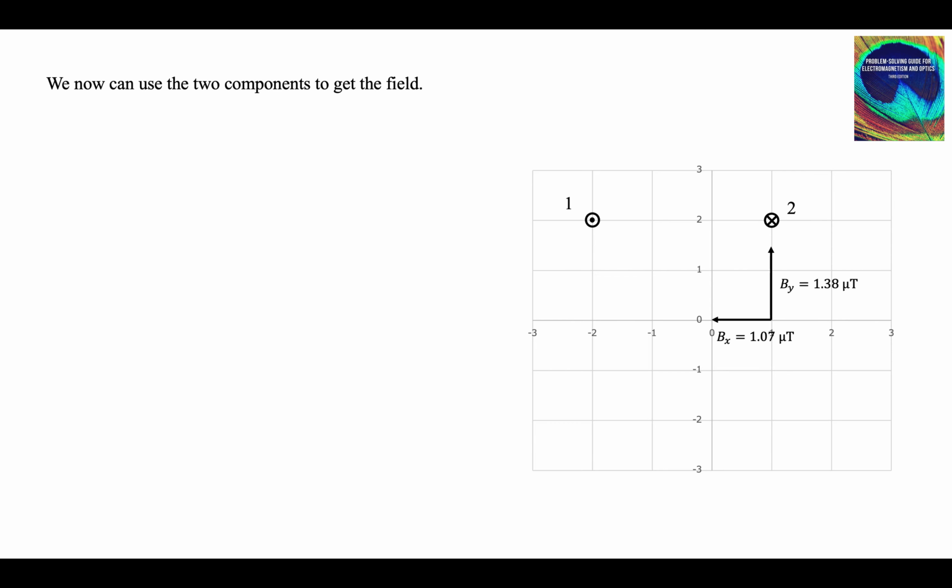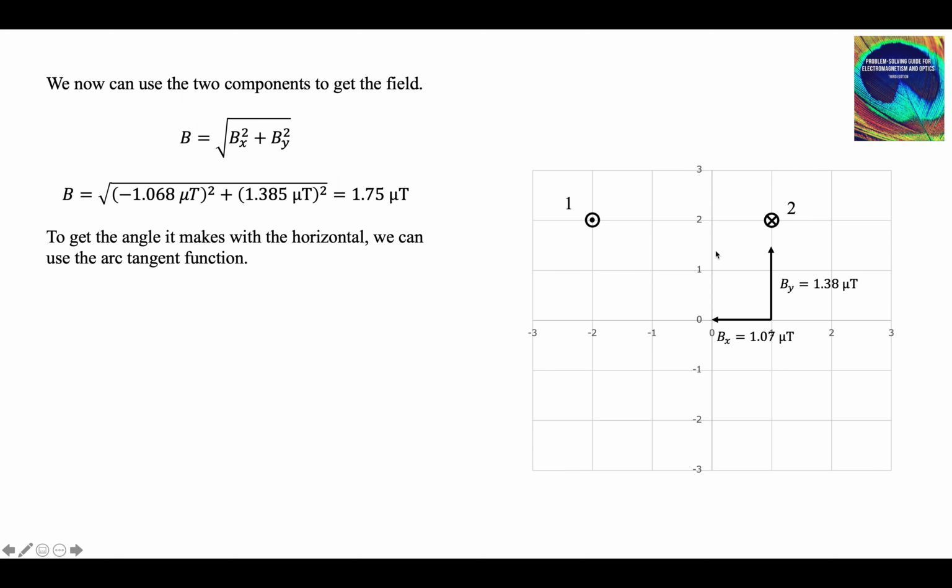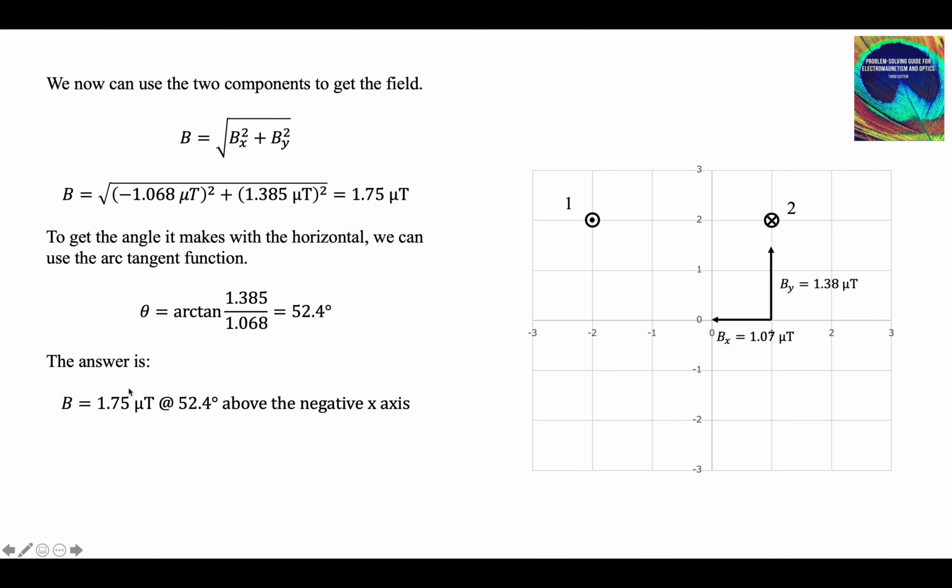We can use the Pythagorean theorem to get the magnitude. B is the square root of B sub x squared plus B sub y squared. So this vector, 1.75 microtesla, and we can use arctangent to get the angle, 52.4 degrees. So the answer is 1.75 microtesla at 52.4 degrees above the negative x-axis, and we can draw a little diagram right here. That's the answer to part A.